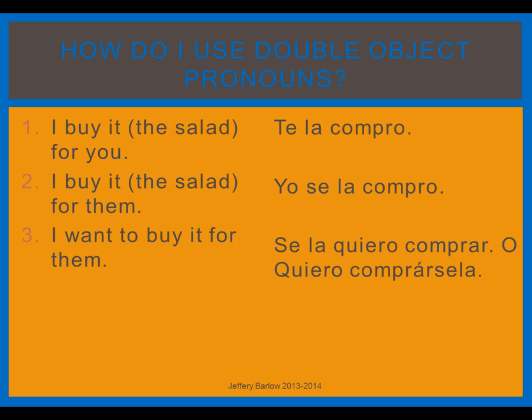Notice that we still keep the same order of indirect and then direct, se la, if we attach it to the end. And the third syllable from the end, when we add double object pronouns to an infinitive, will always be the A of the AR verb, the E of the ER verb, or the I of the IR verb. That will always be the third syllable from the end.